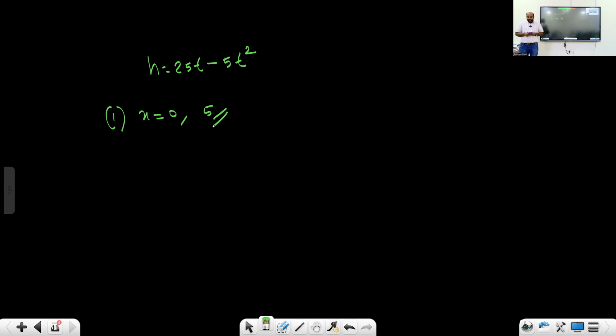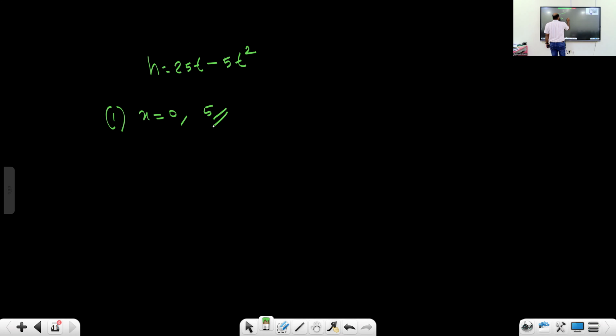Maximum height occurs when t equal to 5 by 2. See the diagram, then you can understand.